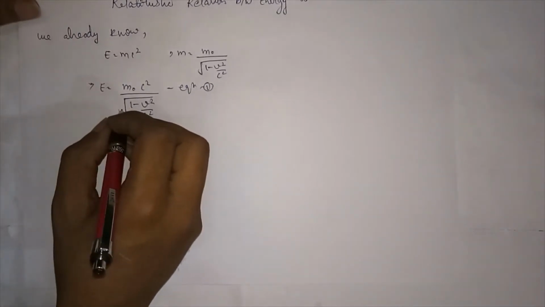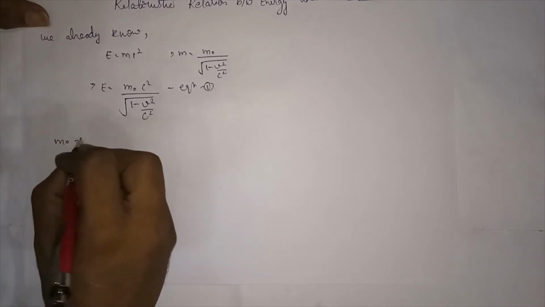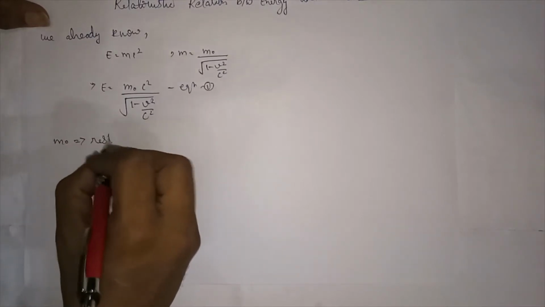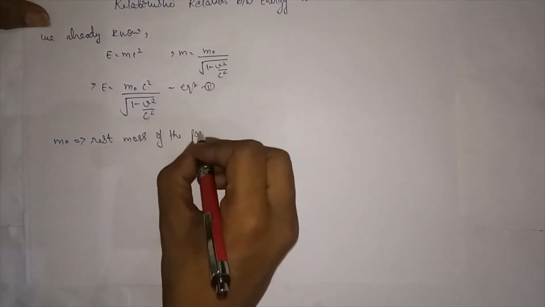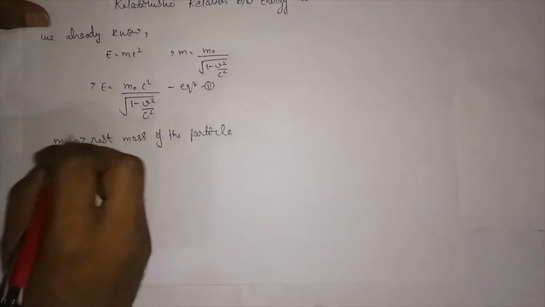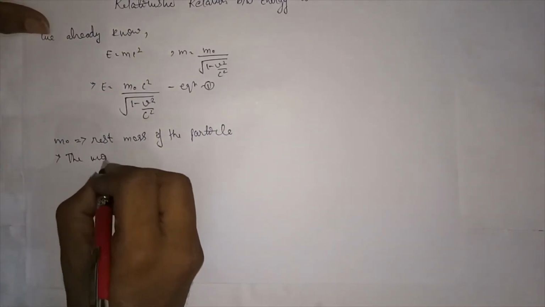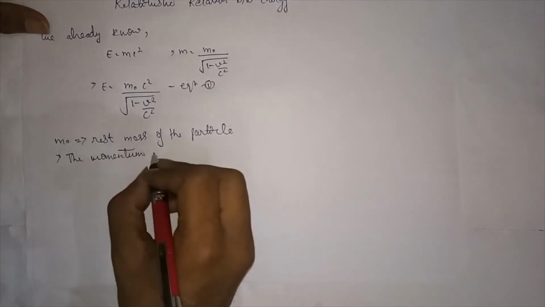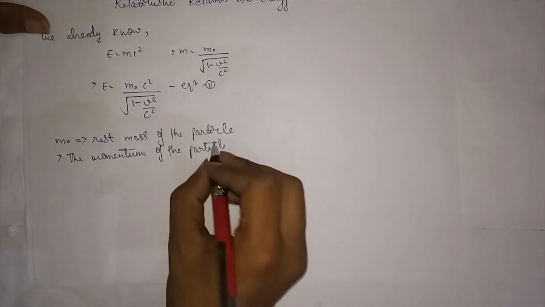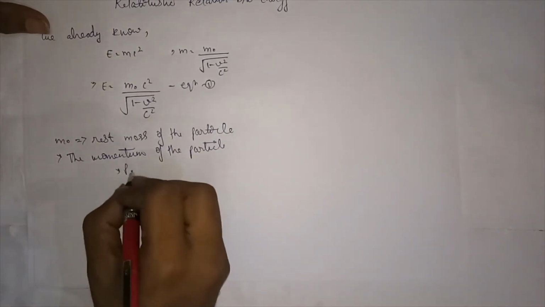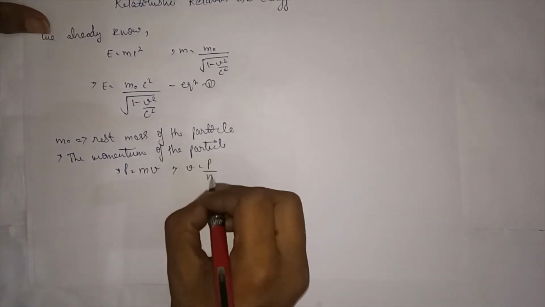So moving forward, we know that m naught is the rest mass of the particle, and the momentum of the particle p equal to mv implies v equal to p upon m.